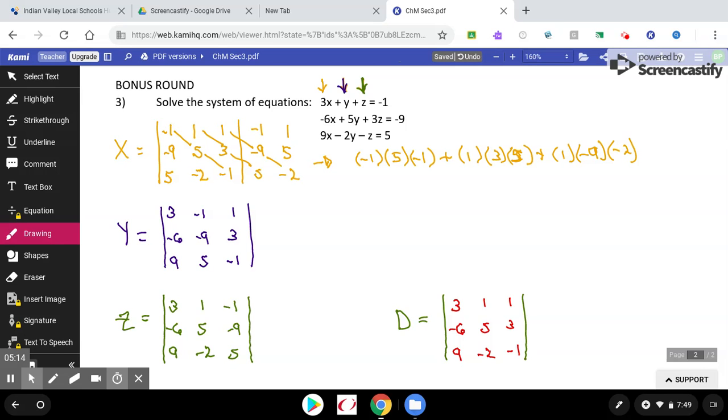So this guy right here will be 5, plus this guy would be 15, plus this guy would be 18. So that's a total of 38.